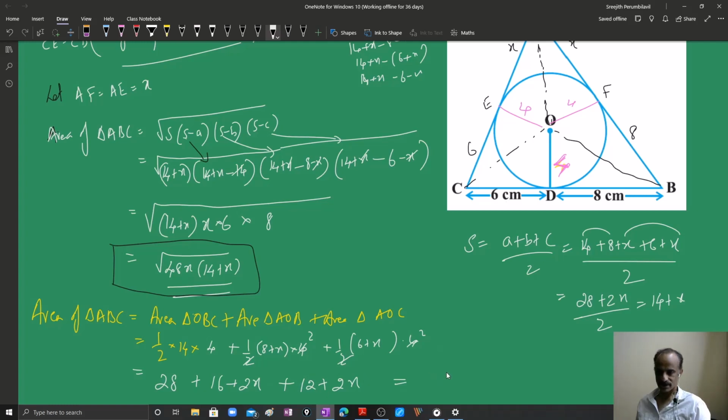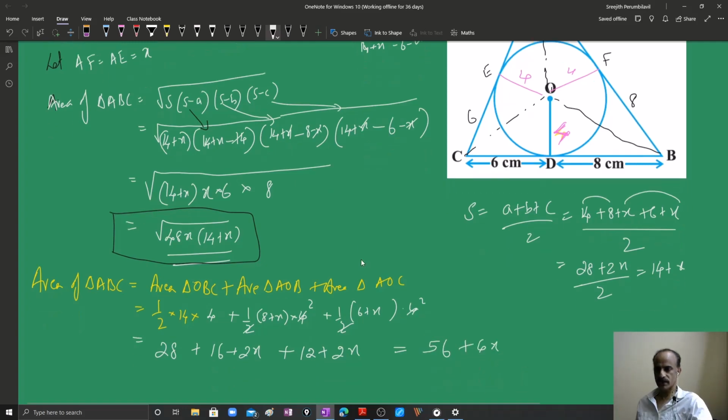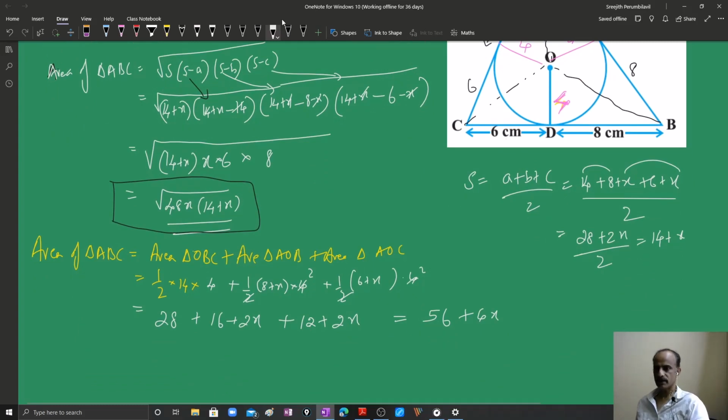So adding these numbers, 28 plus 16 plus 12 is 56, plus 4X. So 56 plus 4X is the area of the triangle when you take it in a different way. Now we already have the area in another form, Heron's formula. We have root of 48X into 14 plus X, but we have got the area in another form.